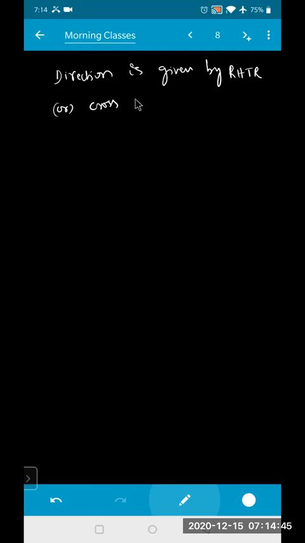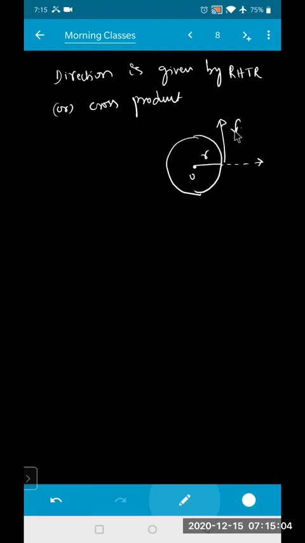Like if a particle is moving in a circular path like this, and this is your center O, this is distance R, this is force F. Now tell me the direction: R bar cross F bar, will torque be outward or inward?